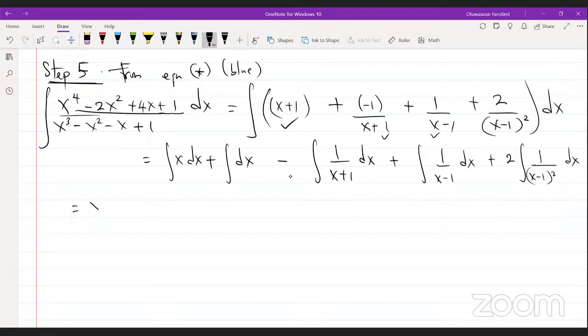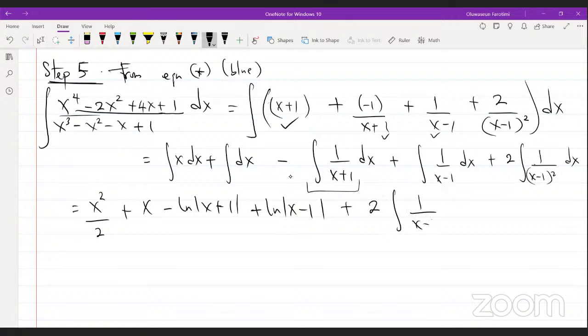So you have x squared over 2 plus, if you integrate this guy, you get x. If you integrate this guy, this is just ln of the bottom, because if you differentiate x plus 1, you just get 1, and that's what you have on top. Then ln of x minus 1, plus 2 times the integral of 1 over (x - 1) squared dx.